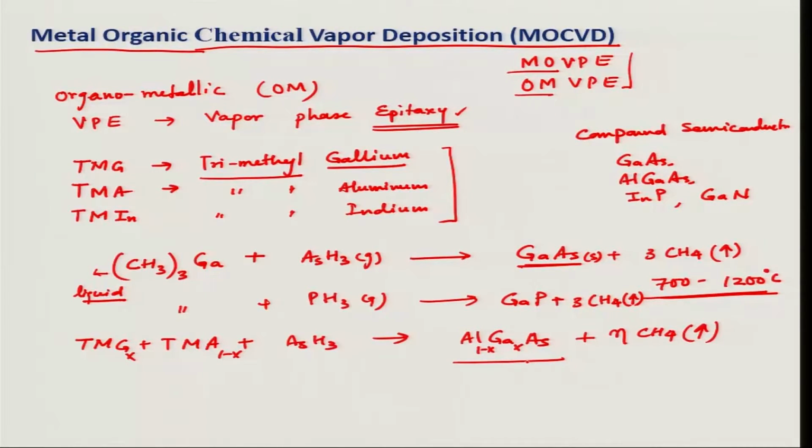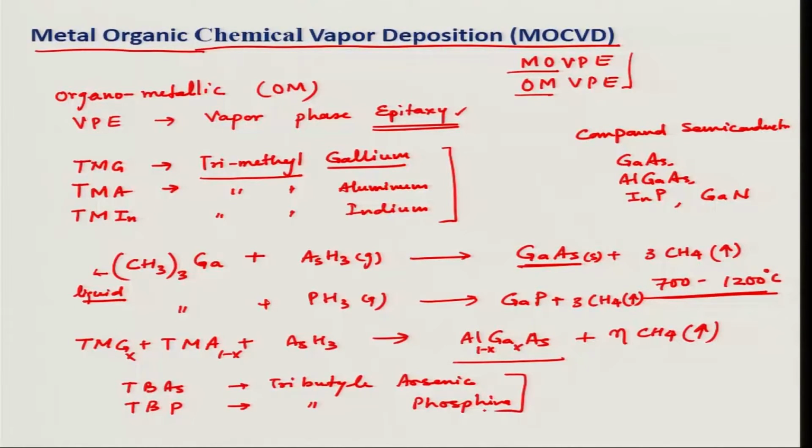Okay. So, instead of this arsine gas, you can also use tributyl arsenic, or TBP, which is tributyl phosphine. Okay.